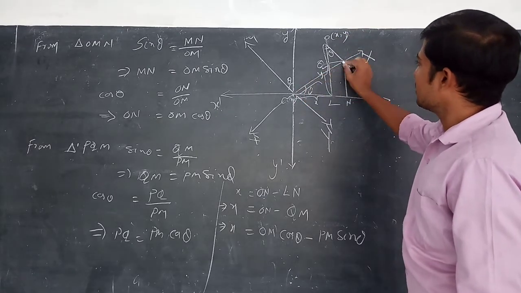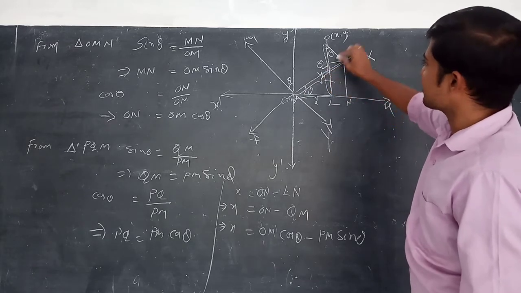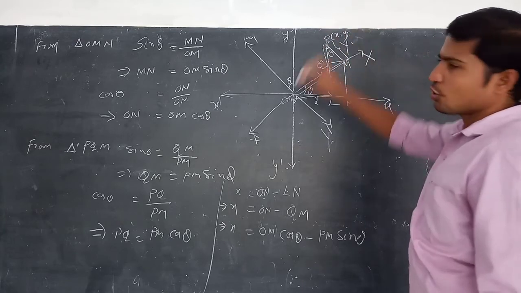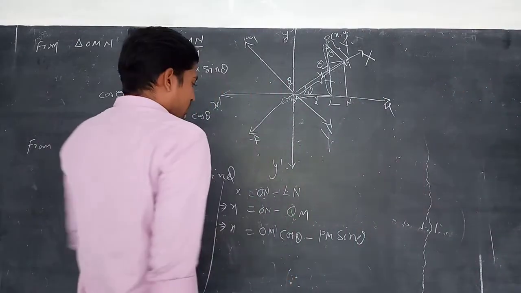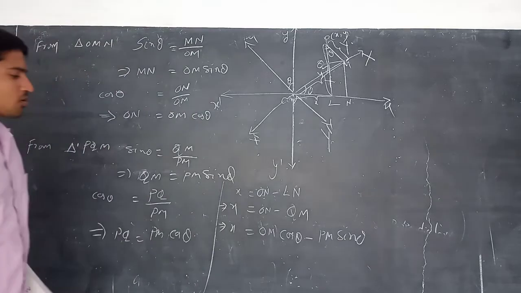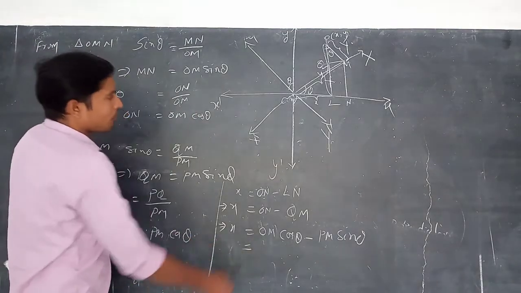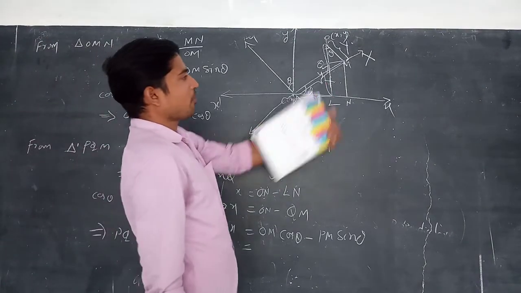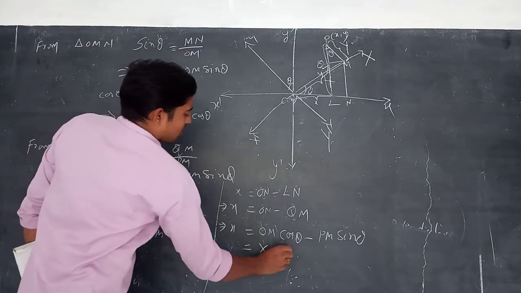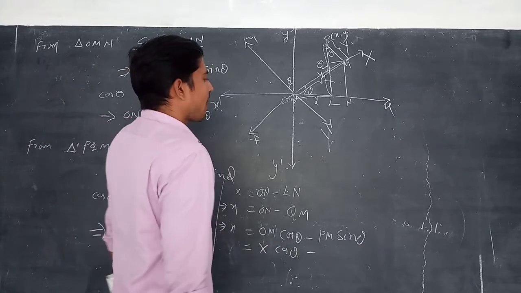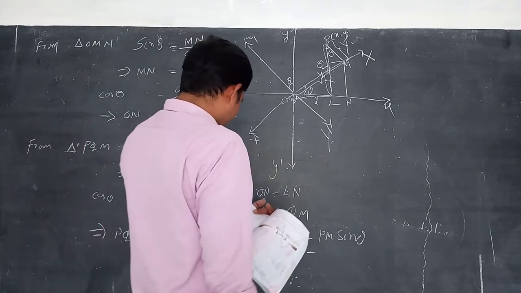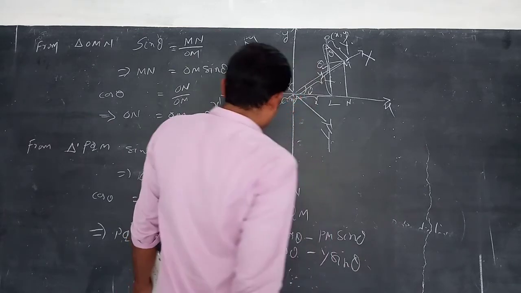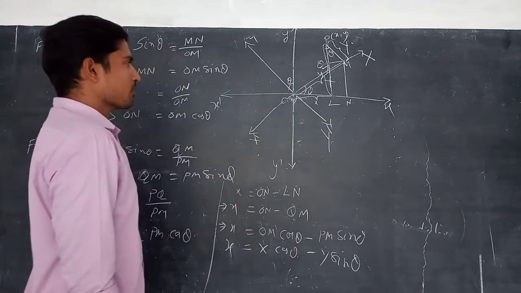I am denoting here this is capital X and this is capital Y. Don't get confused. So x equals capital X cos theta minus capital Y sin theta. Understand? That is small x.